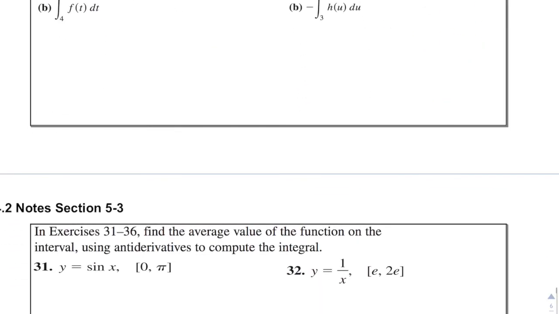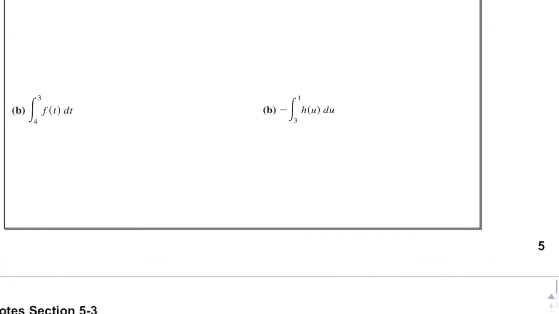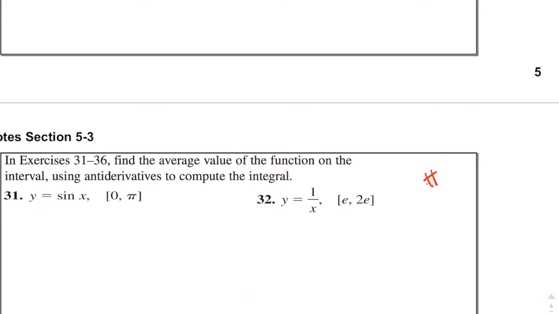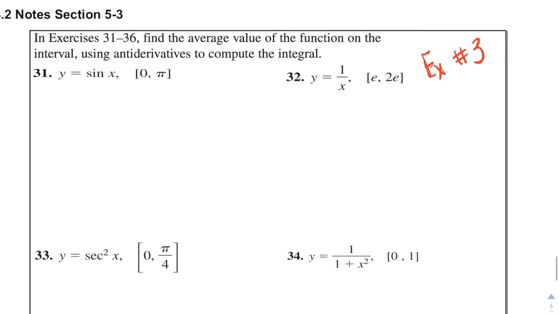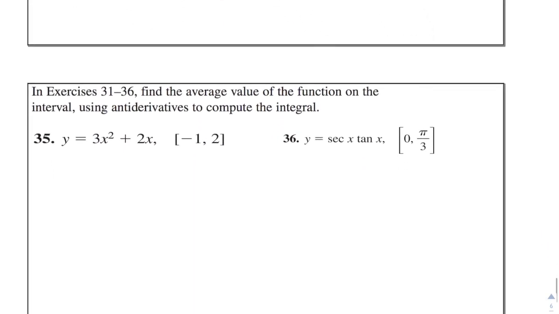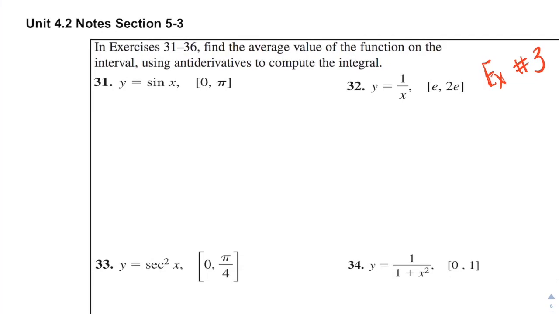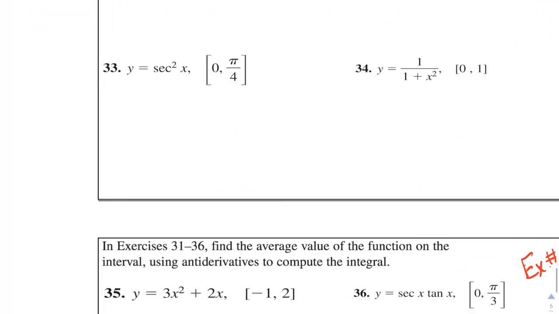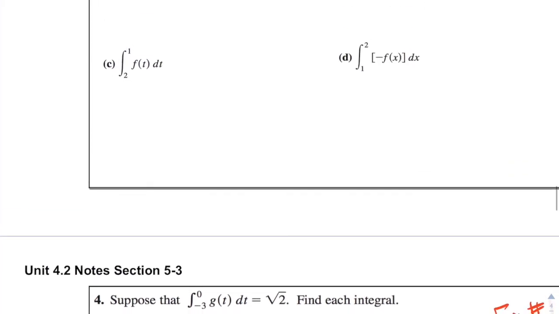Example 1. And this is where example 3 comes in. Remember I said you're not accountable for example 2. And I think this one, average value, again, is example number 3. So it's just the last 2 slides, or your last page of your notes, which is example 3. All the other practice problems are example 2.